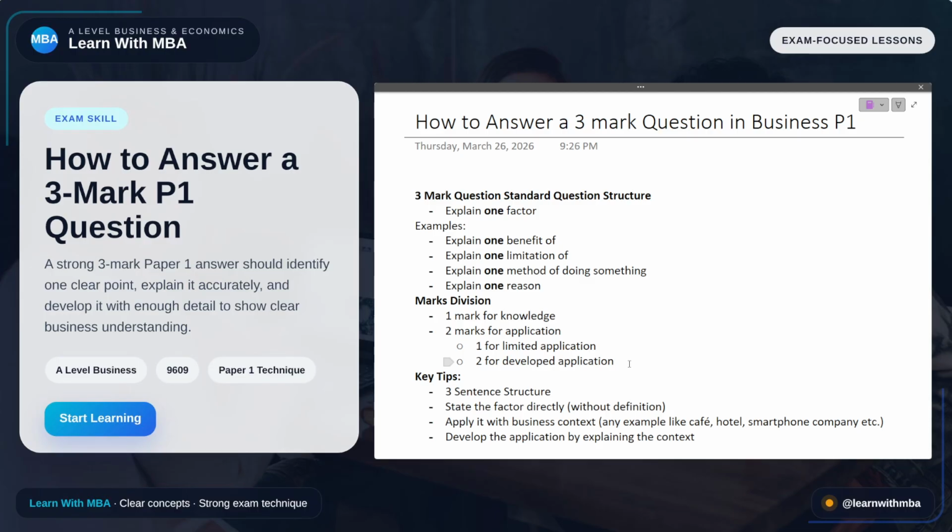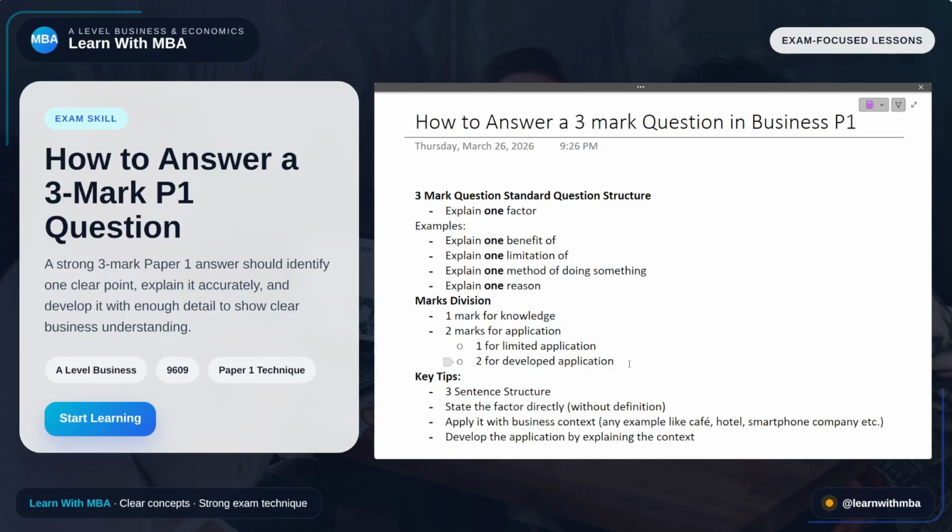A 3 mark question usually follows a structure where it may ask you to explain one factor. That factor could be a benefit, a limitation, a method of doing something, perhaps. For example, the question may be phrased as explain one method of recruitment or one method of training the workers.